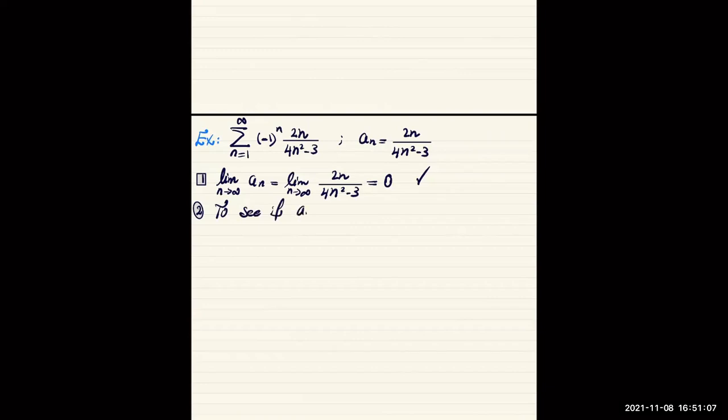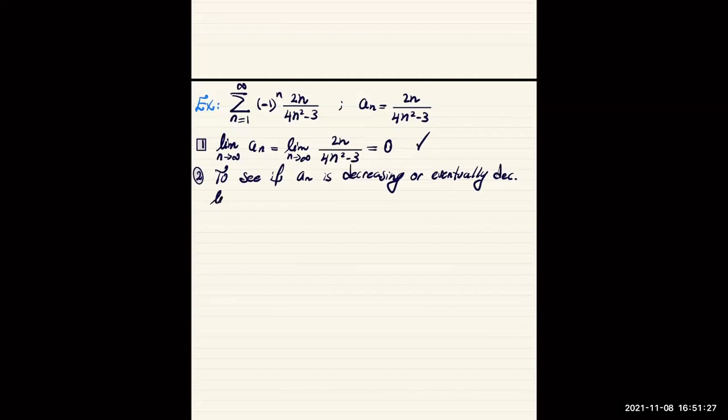Okay, so to see if a sub n is decreasing, or again, eventually decreasing, I'm going to let f of x equal 2x over 4x squared minus 3. Why did I do that?